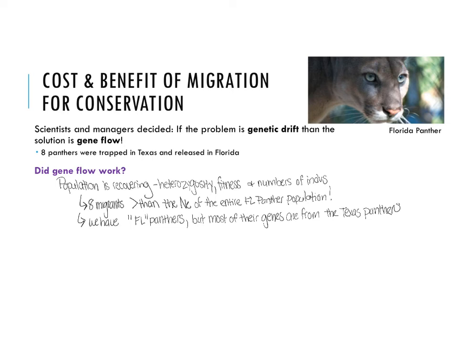So it's a legitimate question to ask, did we actually preserve the Florida Panther? Or did gene flow swamp that panther right out of existence? Right? And so what did we preserve? And again, this is why I think the success story depends on your perspective.